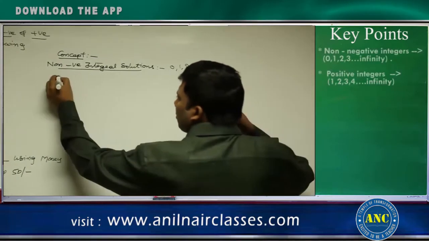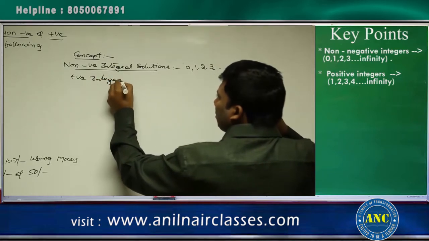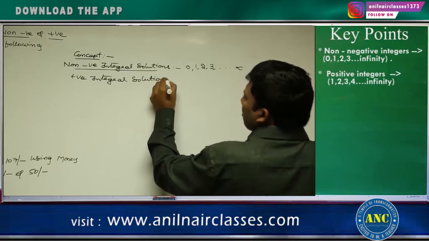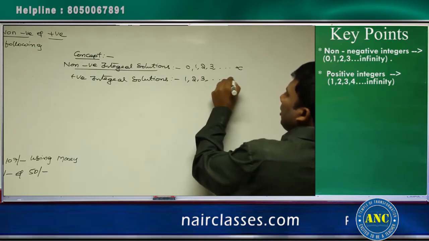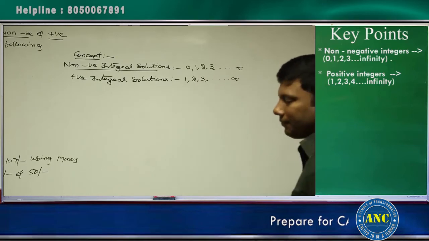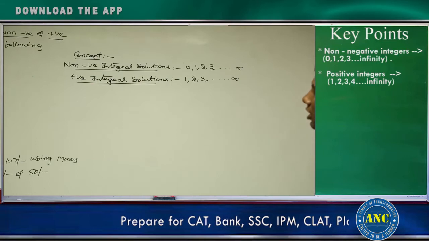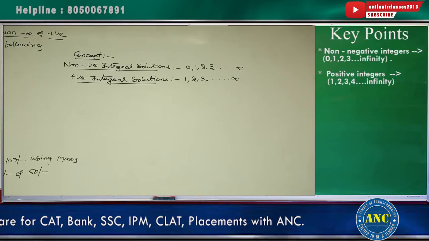Positive integral solutions can take any value from 1, 2, 3 and so on up to infinity. Non-negative means it can take 0, positive means it will not take 0.